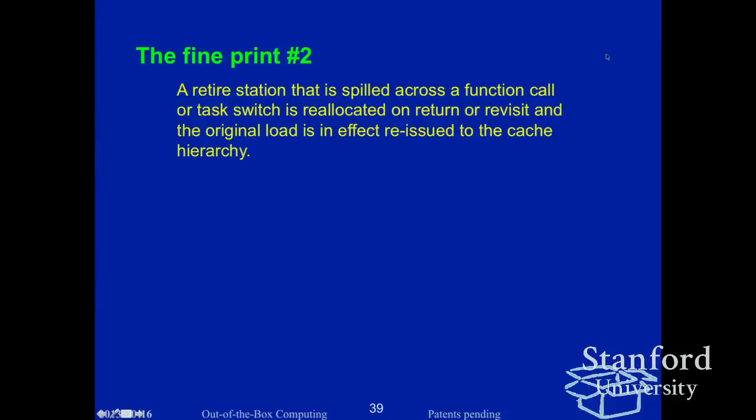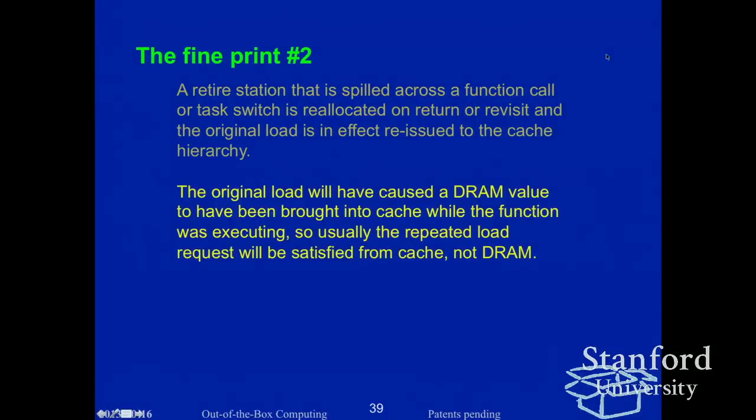Another matter of fine print. Retire stations that are spilled across function calls or task switch get reallocated and reloaded, I mentioned. The original load will, in fact, have brought the line into DRAM, typically, though it may wind up getting kicked out depending on how complicated that call was.